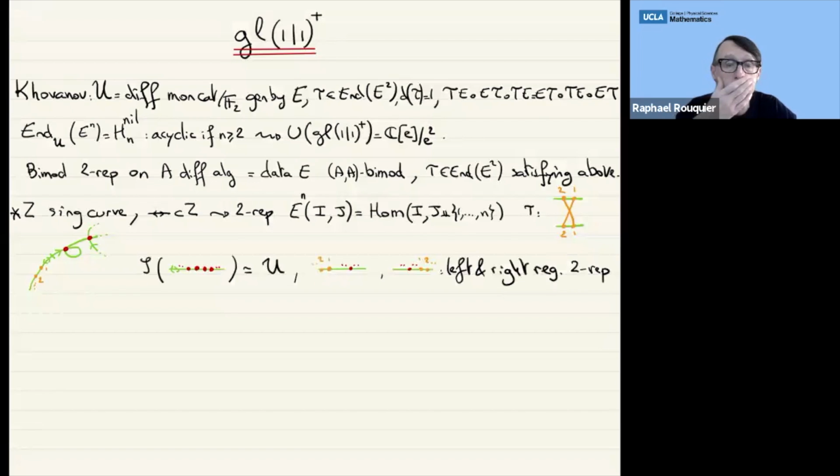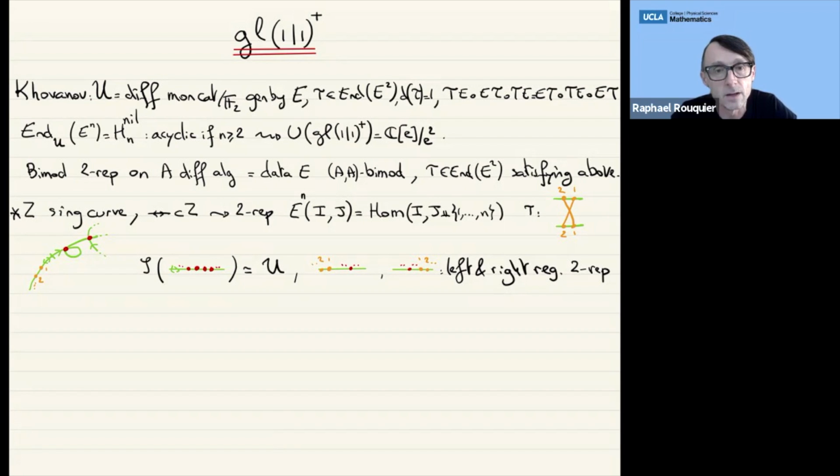And so if you take now an interval, unoriented interval, and you put countably many points, so say your unoriented interval is a real line, and the points are the integers. So the category you associate to that is actually equivalent to this category U above, where if you take a subset with n points, you map it to E to the n.